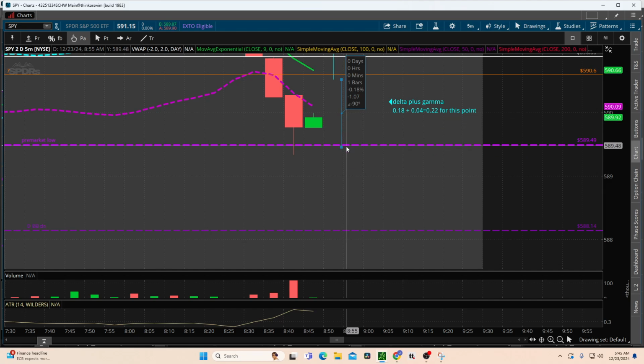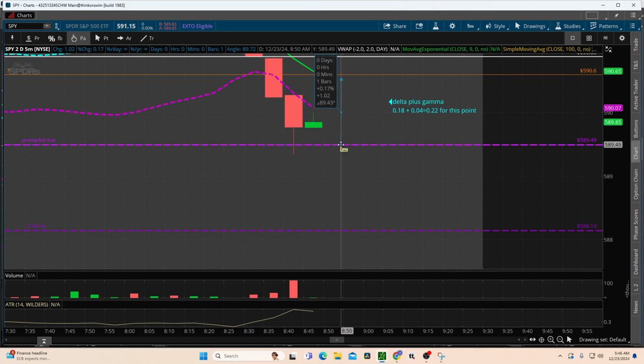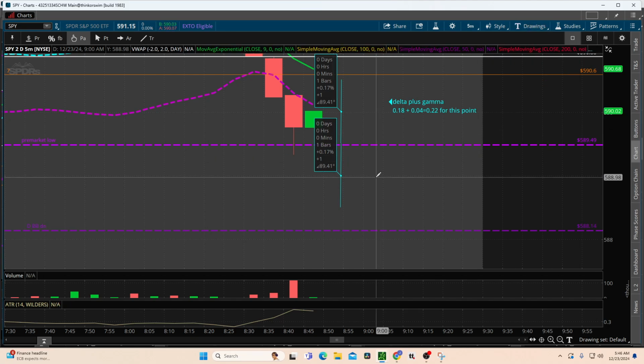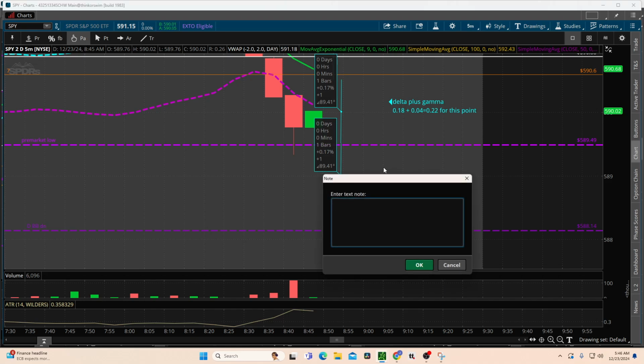Okay, so if we did this again, if SPY moves down again, then you're going to make again the new delta, which is 0.22 plus new gamma, which could be more money, because as it goes closer to in the money, the gamma might go up by 5 cents.